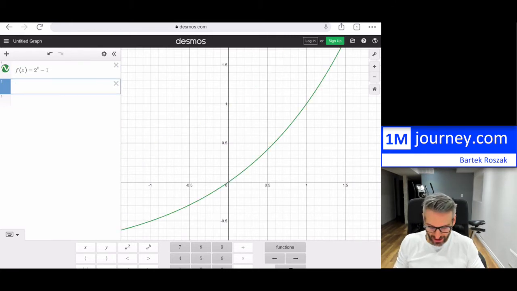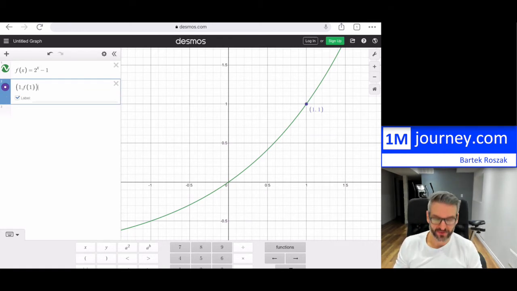And now it says that we want our a, so the point where we're trying to approximate. You can pick any point, it doesn't matter. So they said 1, so I'm going to put that in here. And sure, we can label it so we have it like that. So that would have been our answer.